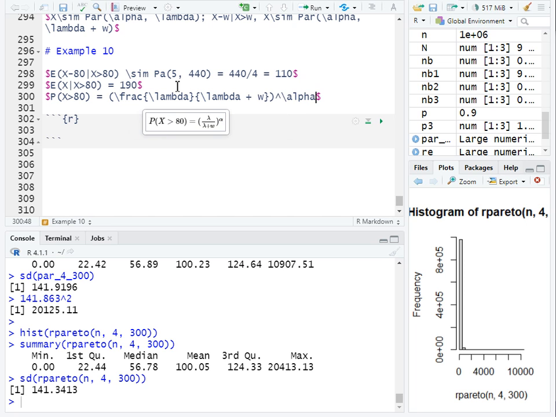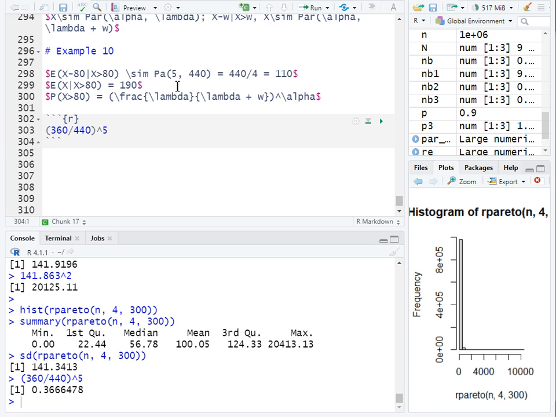So we have this formula, and we are ready to find this probability. It will be (360/440)^5, which gives us 0.36.